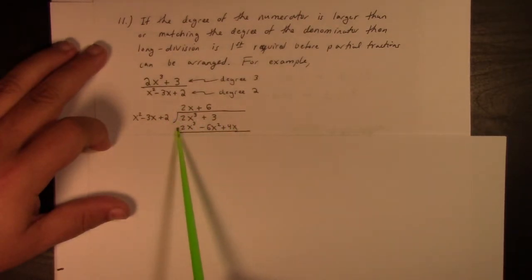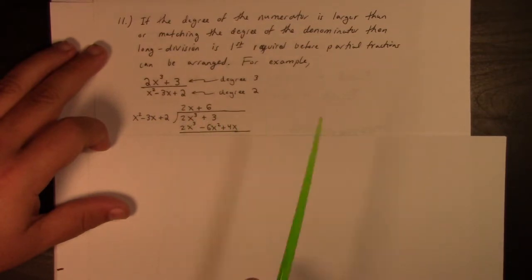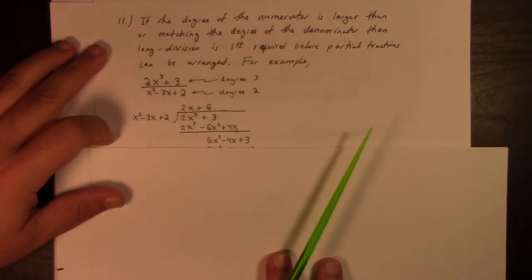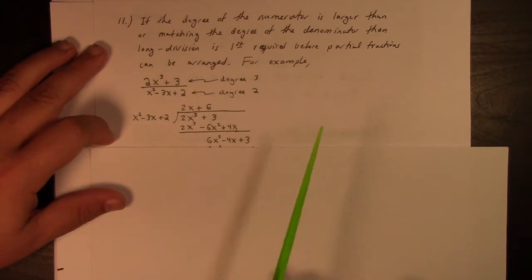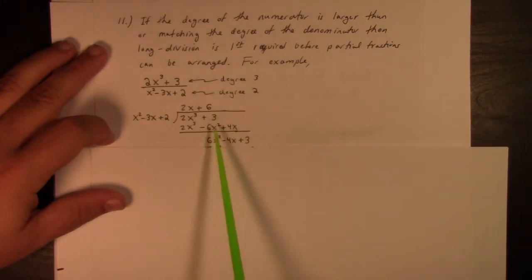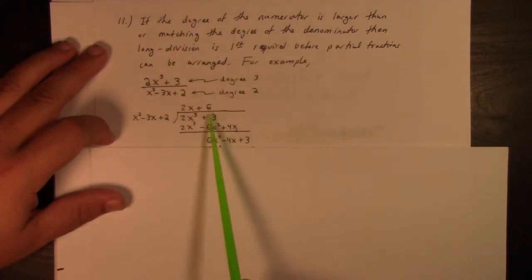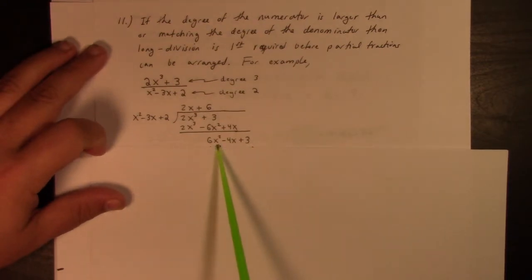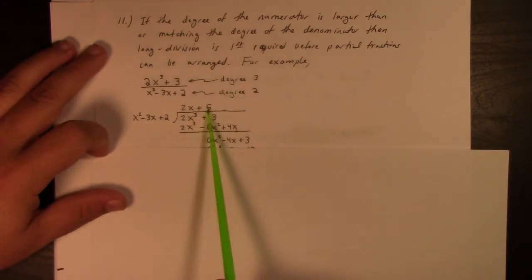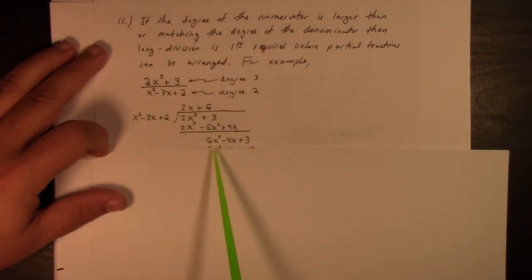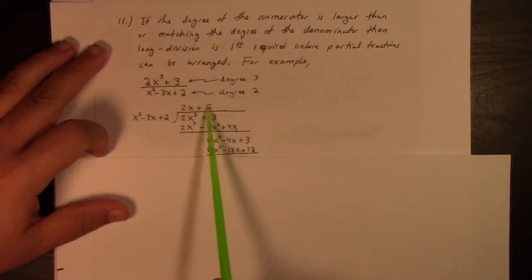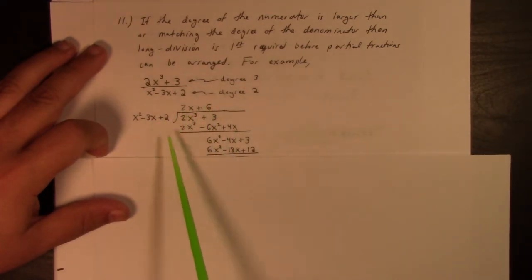I then subtract that from this. Of course, the leading term cancels by our construction, and this leaves me with 6x squared minus 4x plus 3. Now to get 6x squared from this, I must add 6, right? 6 times that gives me 6x squared.